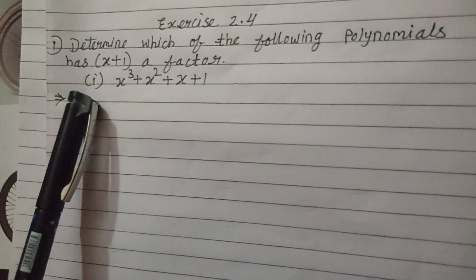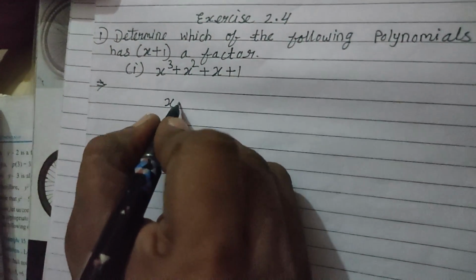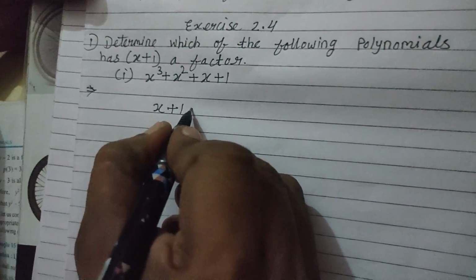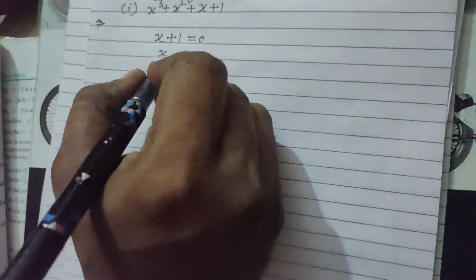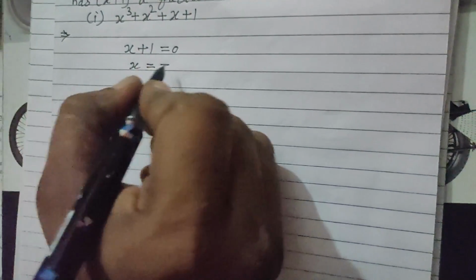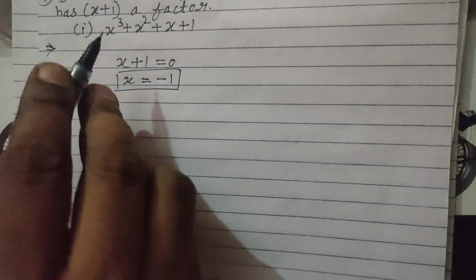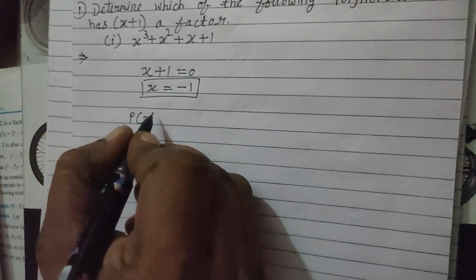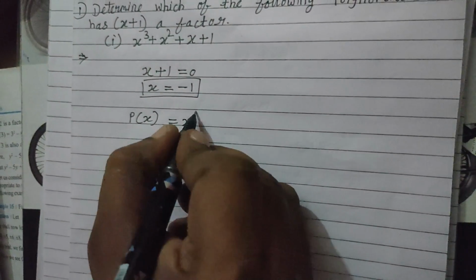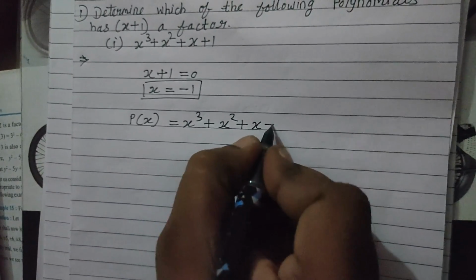Okay, we will do the first one. From the linear polynomial x plus 1, we find the value of x. Transposing plus 1, the x value will be minus 1. Now this x value you have to put in the polynomial. So p of x is x cube plus x square plus x plus 1.